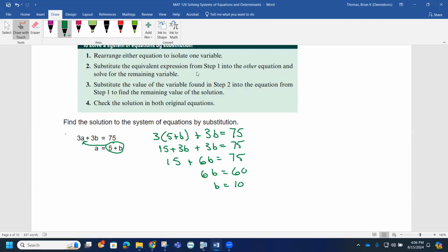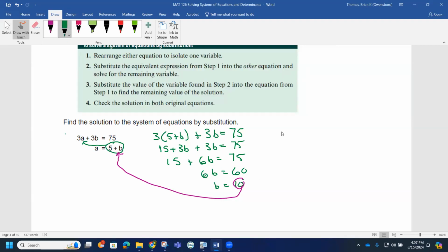Now I can substitute this 10 back in over here to find A. Remember how this variable is already isolated. I can come back over here and find A rather easily by substituting the value of B. So on the substitution method, there's harder work on the front end, but the back end is rather easy most of the time.